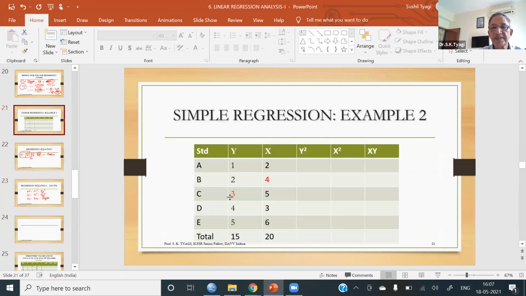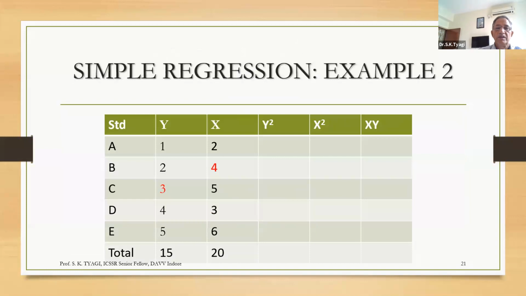See, let us take this example and first of all complete these entries. Now this is a different numerical problem. We have 1, 2, 3, 4, 5. Y is the same, but the X order has been changed: 2, 4, 5, 3, 6. Okay. Now we calculate Y square. Y square is the square of these: 1, 4, 9, 16, 25.